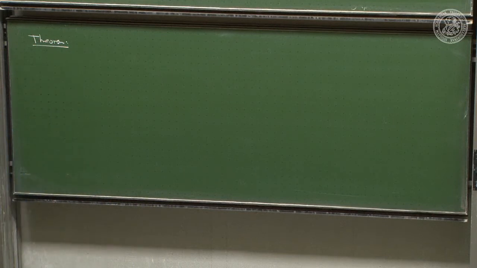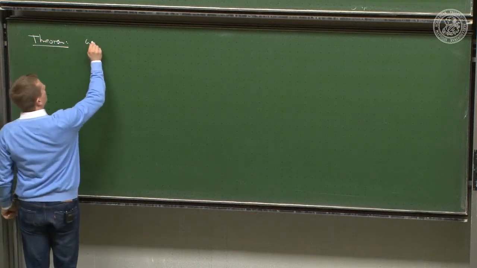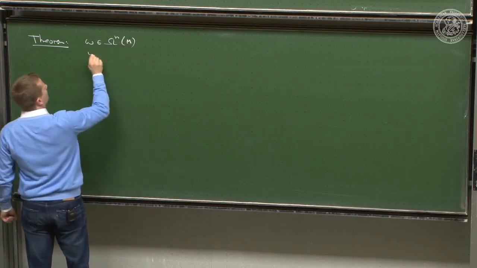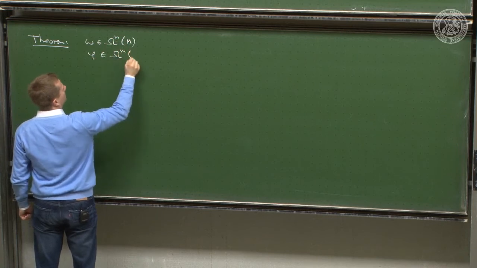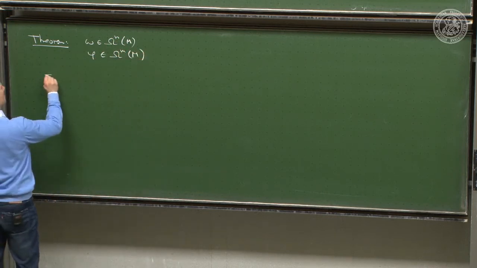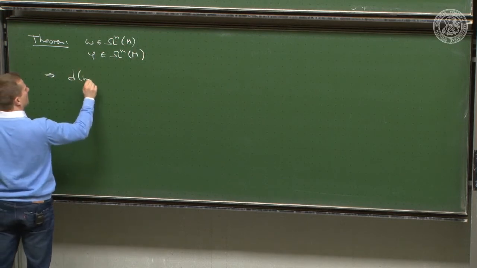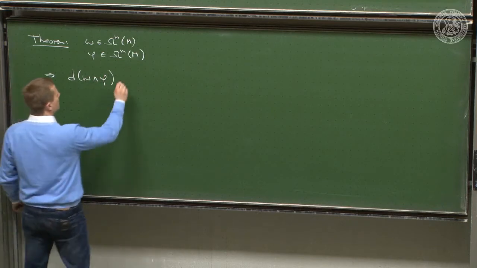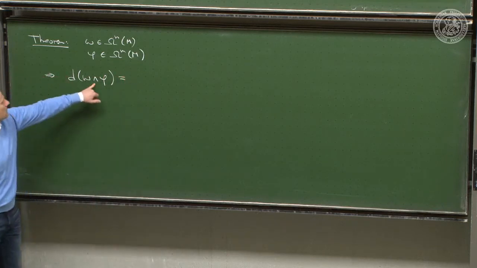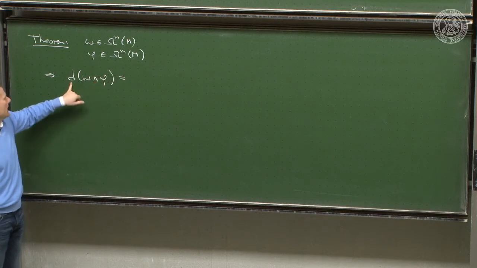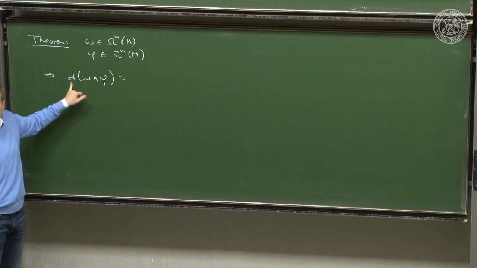Let omega be an n form, and let phi be an m form, then the d of omega wedge phi is, now this is a kind of product, an antisymmetric product, and here I have some kind of differentiation.